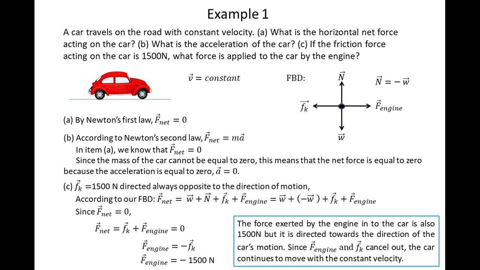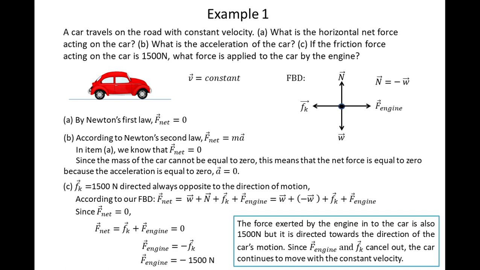Now, what force is exerted by the engine on the car? We know that the friction is exerting 1,500 newtons and is directed always opposite to the direction of motion. Now the net force is zero, which means that the friction must have been cancelled out or balanced out by the force exerted by the engine on the car.